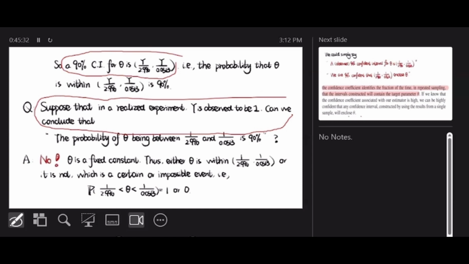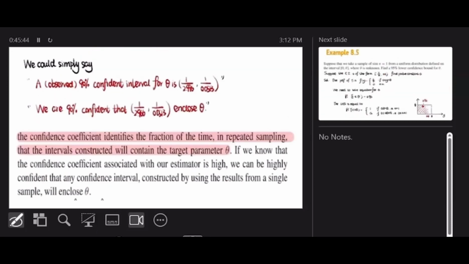It can be 1 or 0. That is too dicey. But we want a situation where we can be sure, like 90-something%. Now, we could simply say the observed 90% confidence interval for theta is that we are 90% confident.